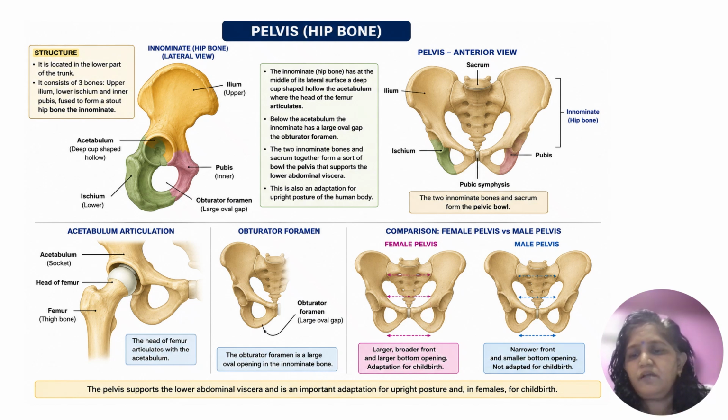Now, comparison of the female pelvis versus the male pelvis. See over here, in females the pelvic region, the pubic region is bigger. Even the upper part, the pubis and the ilium, is a little bit larger compared to the male.